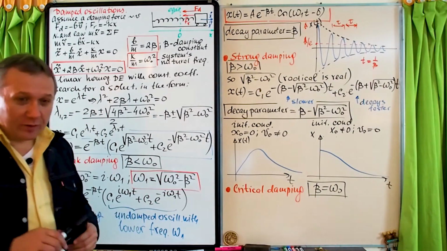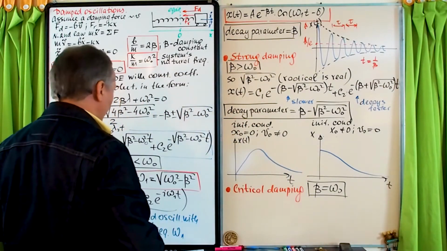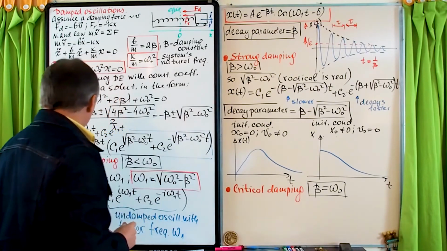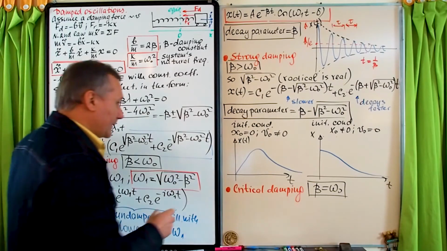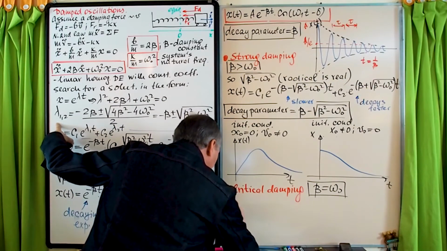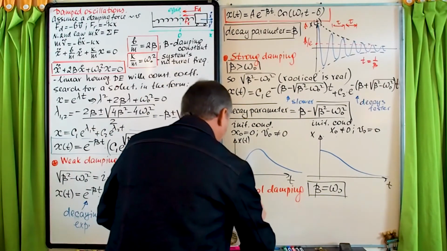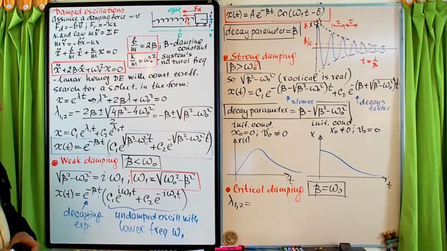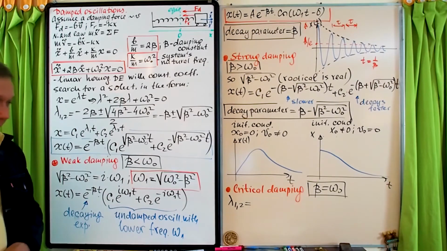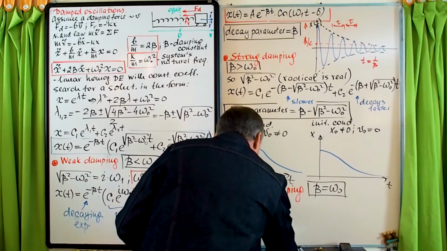And of course now we are in trouble from the mathematical point of view, because in this case, what? Lambda 1, 2 is just one lambda, right? So in this case, lambda 1, 2 equals just minus beta.